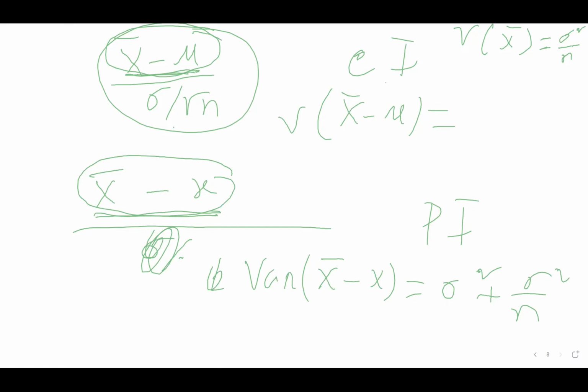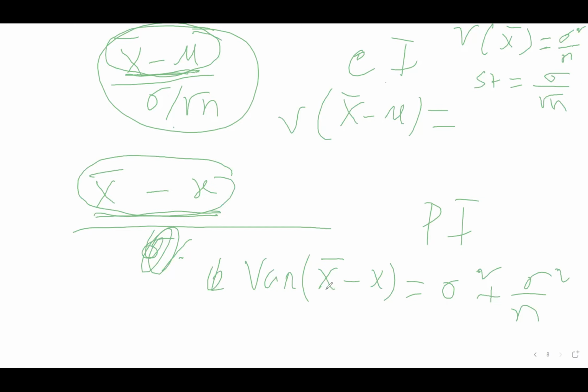Sigma square is the variance of X, but the variance of X bar is sigma square over n. That's why we divided here. And the standard deviation of X bar is sigma over the square root of n.